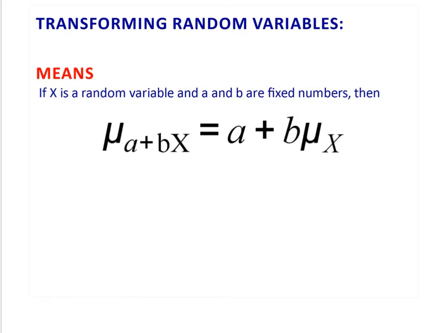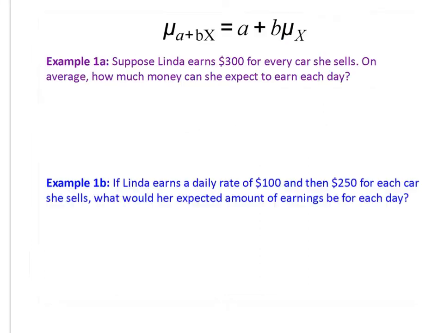We start out with: if x is a random variable and a and b are fixed numbers, then my new expected value, or the transformed expected value, equals the constant a plus b times the current expected value. So make sure you get down this formula. All the formulas that we see today are going to be super important, so make sure you get this formula down. So let's apply this formula to Linda and her cars.